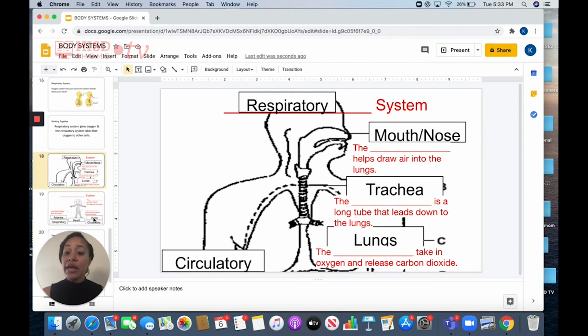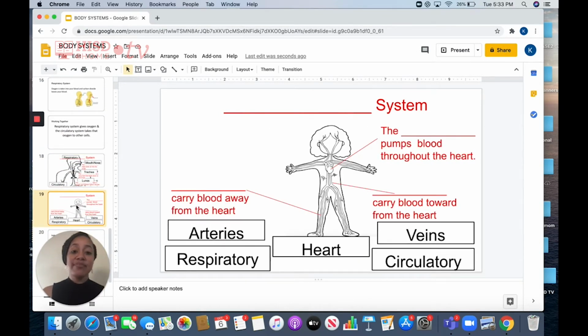Let's move on to our next picture. So first, is this another picture of the respiratory system? Or is this a picture of the circulatory system? Yes, this is a picture of the circulatory system.